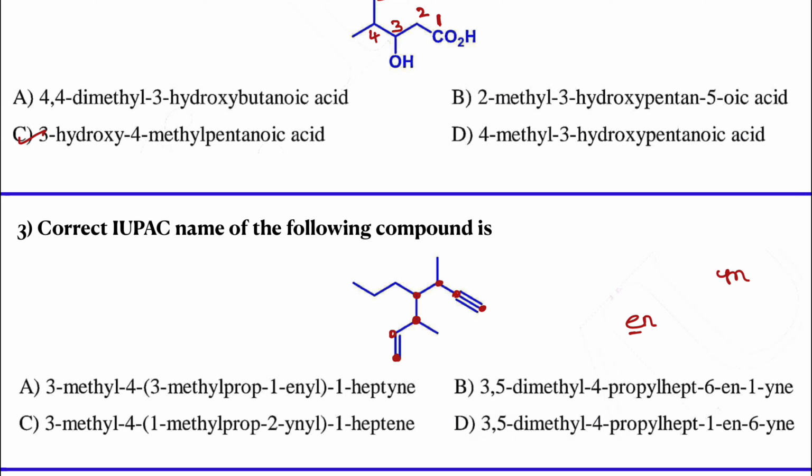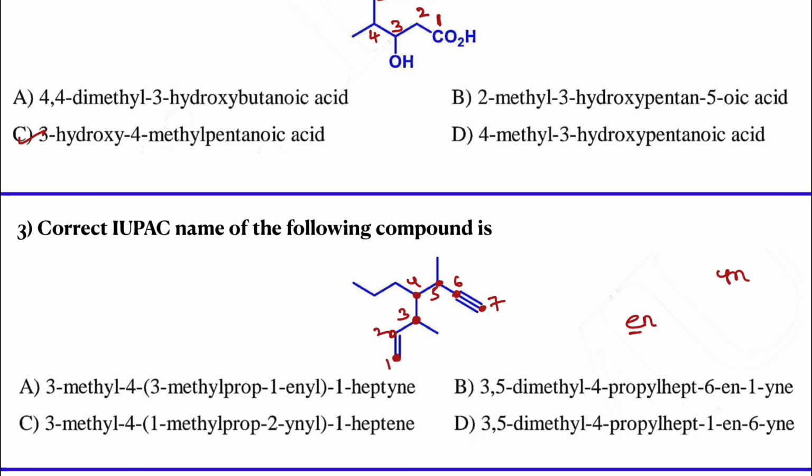So in that situation, we consider that the double bond has more priority when compared to the triple bond. So this is 1, 2, 3, 4, 5, 6 and 7. We have one methyl here, one methyl here, and here we have a propyl group. So 3,5-dimethyl, 4-propyl.